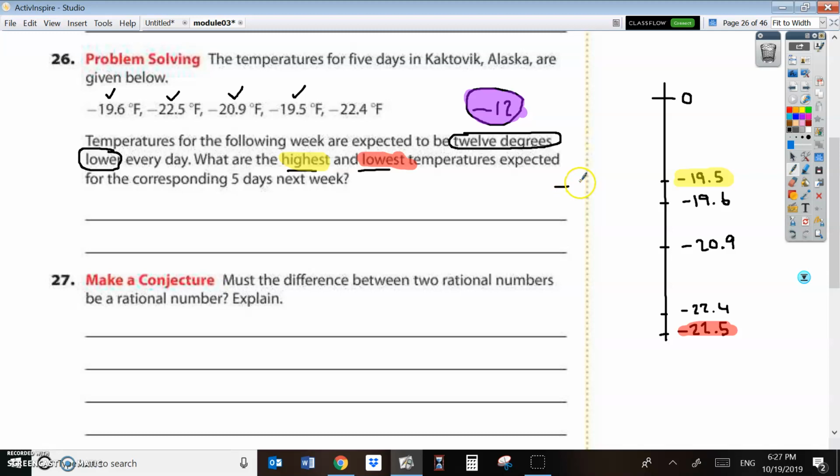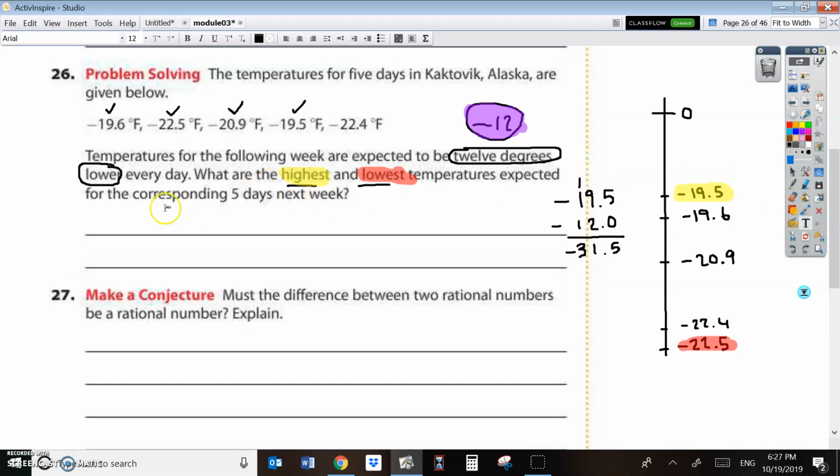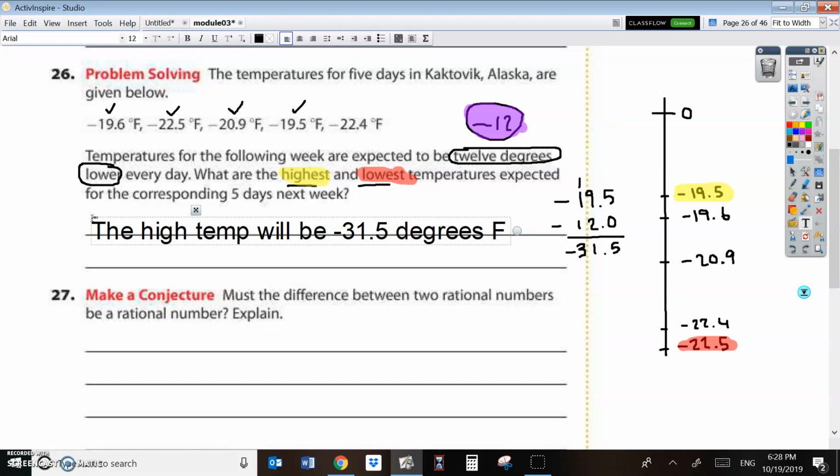So negative 19.5 minus 12, so it looks like the highest temperature will be negative 31.5 degrees Fahrenheit.